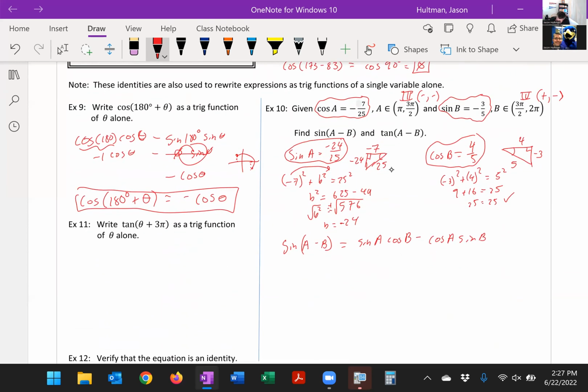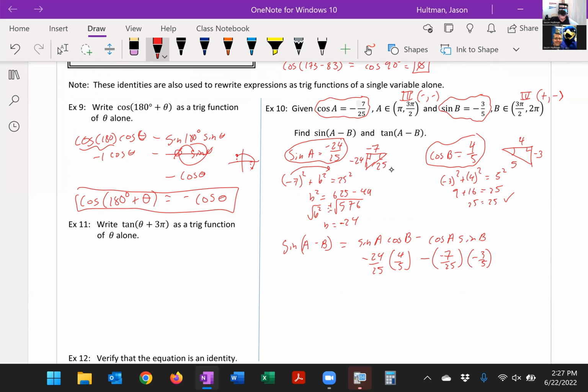Okay, so now what do we want? Well, we just have these values for sine and cosine of A and B, and we just multiply them together. So this is negative 24 over 25. The cosine of B we found to be 4 over 5, minus, this is going to be negative 7 over 25. And this guy is going to be negative 3 over 5.